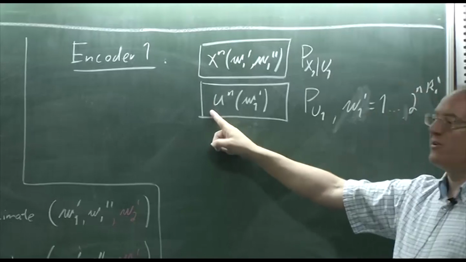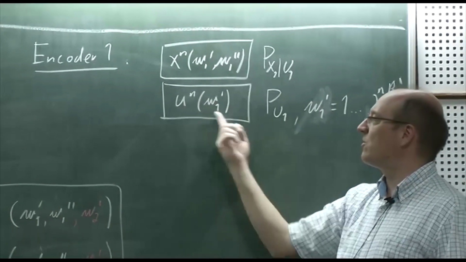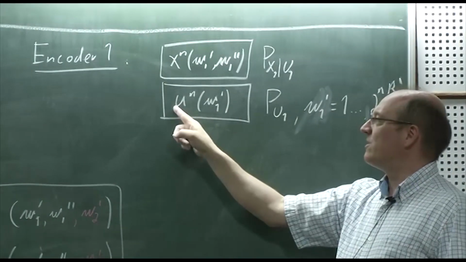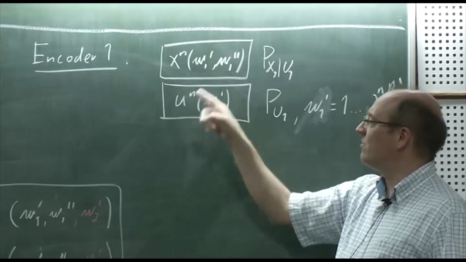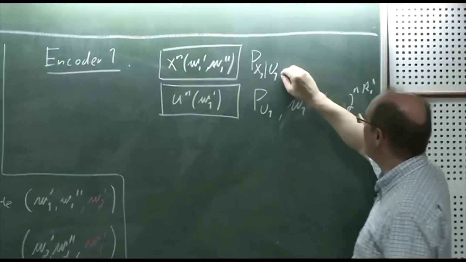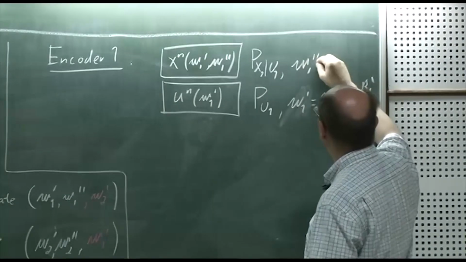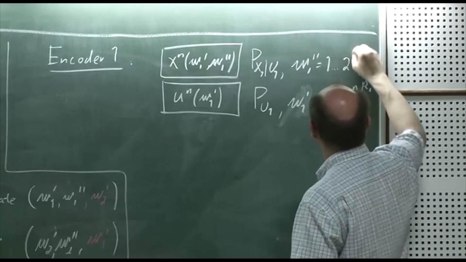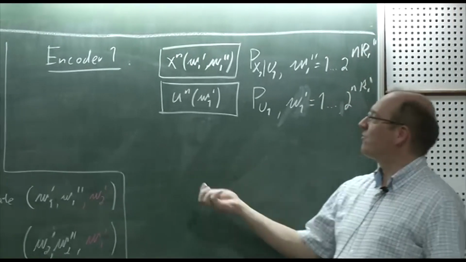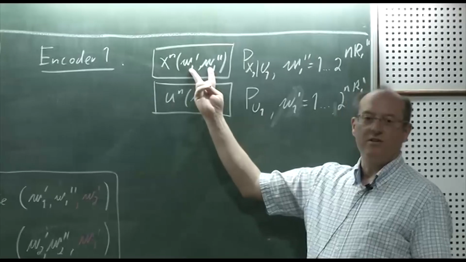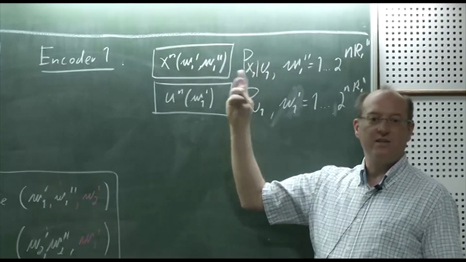So for every codeword here, we look at every letter and conditionally generate a letter, then a second letter conditionally, and so on. And we do that, of course, for W1 double primed from 1 to 2 to the NR1 double primed. And then to transmit, we just take these 2 messages and send the X, and that's it.